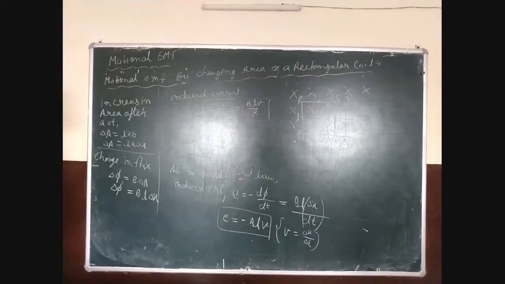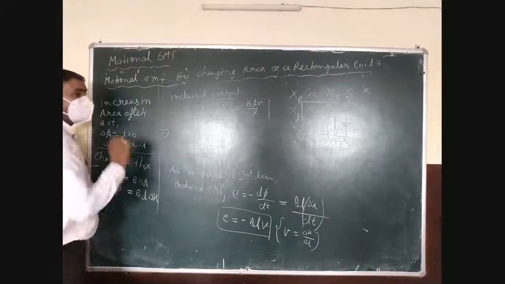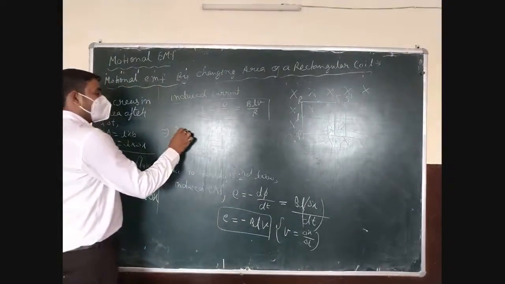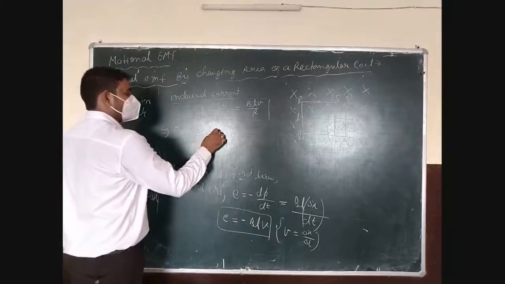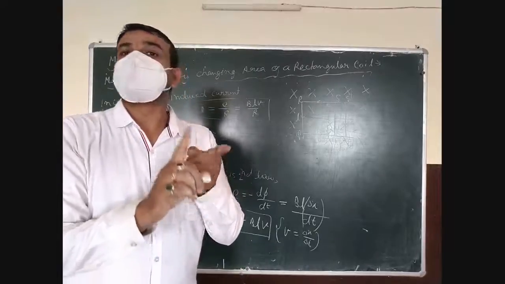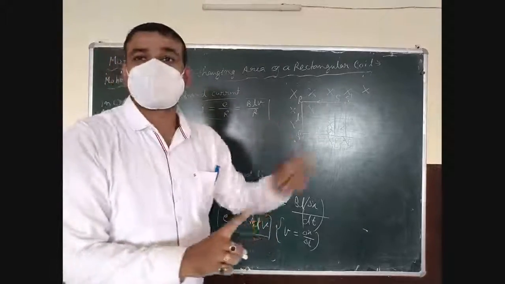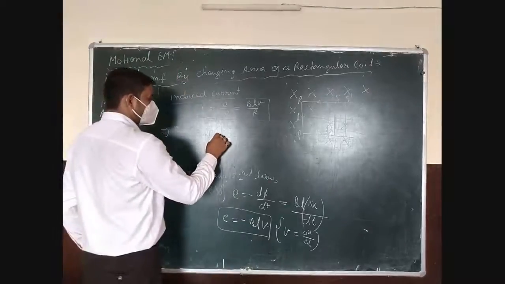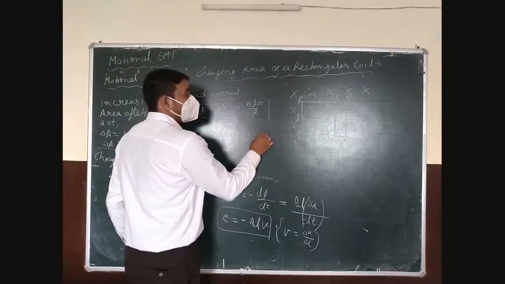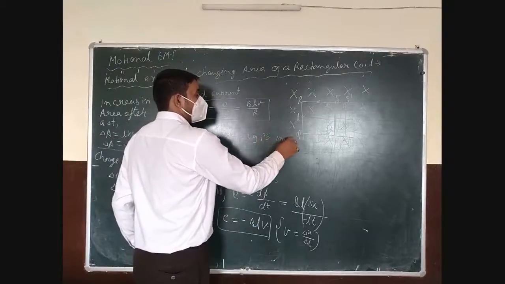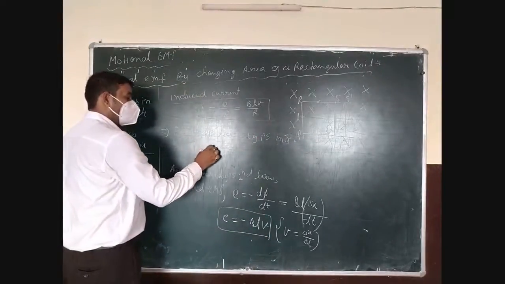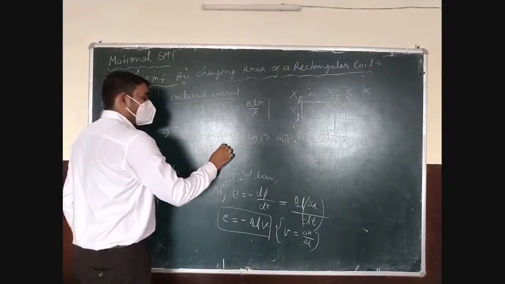Okay. Now next point is force experienced by the conductor in the magnetic field, or you can say force applied by the magnetic field on the conductor. By PS in magnetic field B, F is equal to BIL.